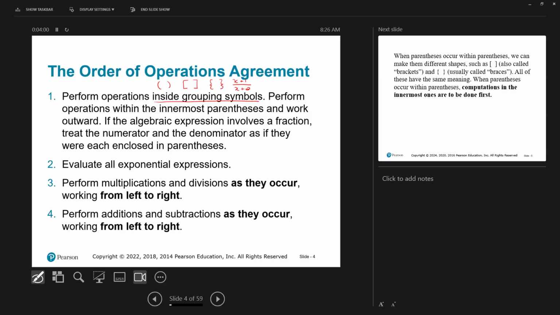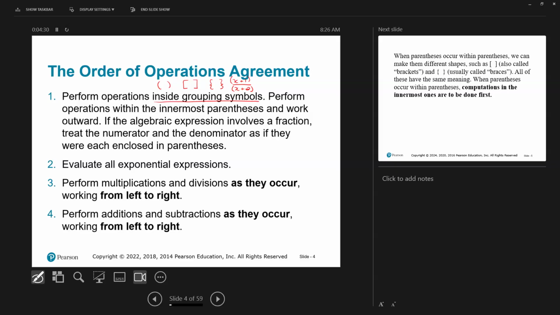We like to perform these grouping symbols first, and we start with the innermost grouping. We perform operations within the innermost parentheses or brackets or division bar, whatever we have, and we work outwards. If the algebraic expression involves a fraction, treat the numerator and the denominator as if they were each enclosed in parentheses themselves. So right here, we would treat that like a parenthesis and that like a parenthesis. We would simplify this and this if possible, then we would continue on.